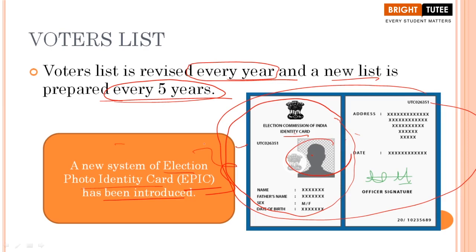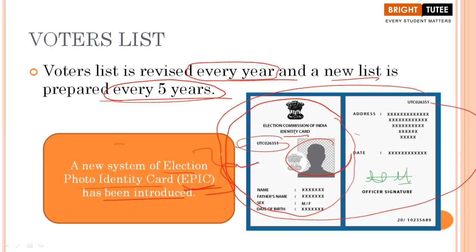Therefore each and every voter who is entitled to vote has been given this card, the EPIC system that has been introduced, this unique identity card, with a unique EPIC number given to the individual, so that whenever he goes on election day to vote, he can show this card as his identity proof, and then move forward to vote for his representative. So this was the whole idea.